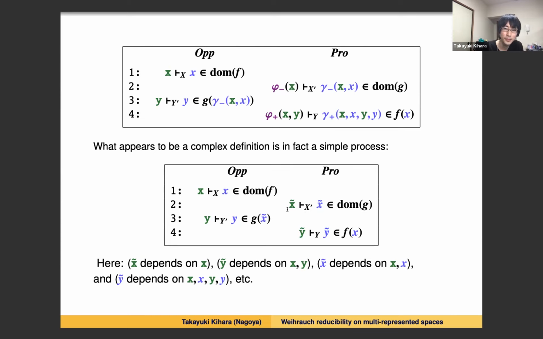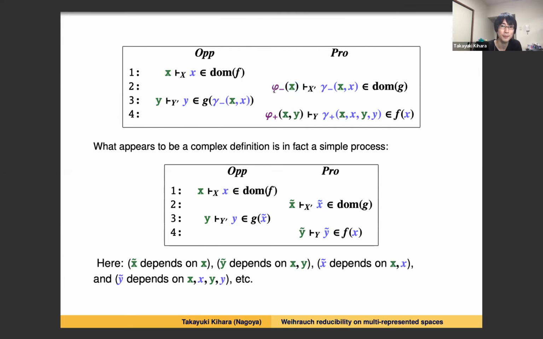So, for example, this x tilde depends on this green x. I need gamma in my definition. This is a multi-represented space, so a name does not determine a single point. So phi x may be a name for many points.